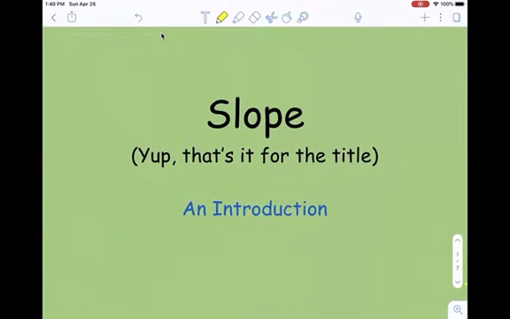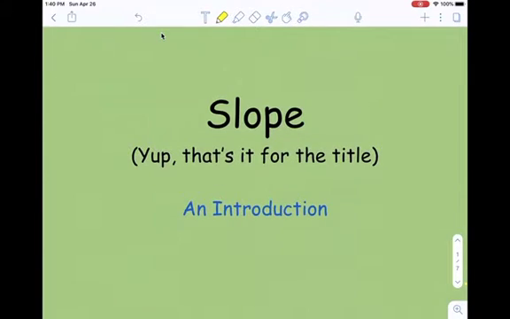So, the next subject we're looking at here is called slope. Slope is a really interesting concept because, as a math teacher, it seems like something that should be really easy for kids to pick up on, but for some reason it's not.